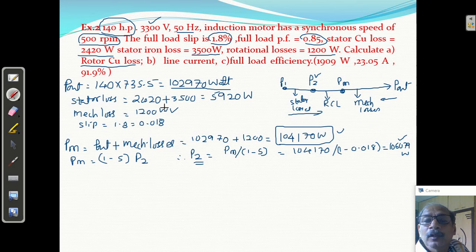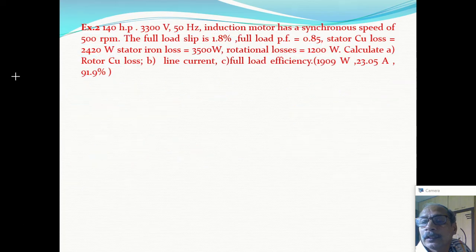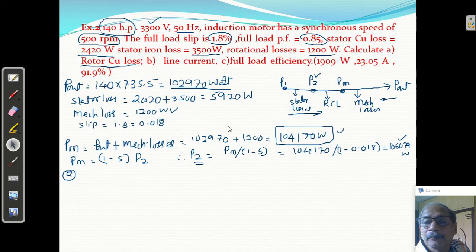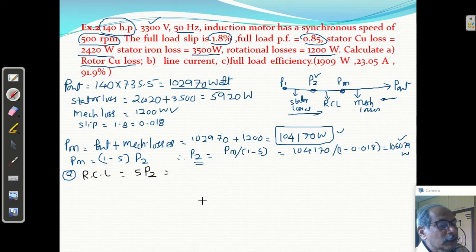Now we have to calculate. First part is the A part. Now solution A, rotor copper loss. What is the formula? Slip into P2. This is the formula we have derived. Rotor copper loss equals S into P2.